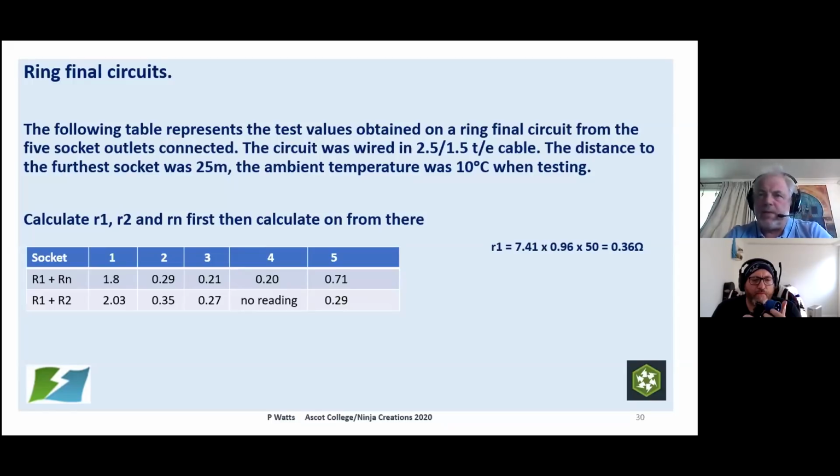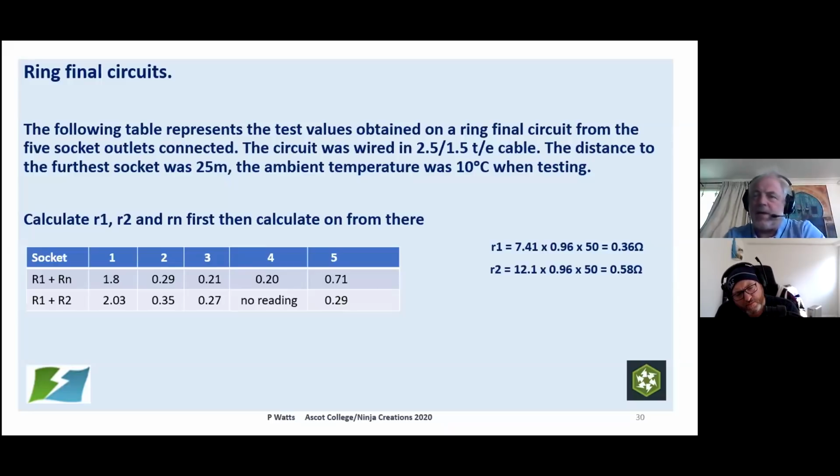Little rn will obviously be the same. Little r2, because it's 1.5, we'll have a value of 12.1. Multiply that by the factor for temperature, because we've got a colder testing temperature, 10 degrees. So we apply 0.96 and then multiply it by the 50 meters. The little r2 value should have been 0.58. So we've now got our r1, our rn, and our r2 values.